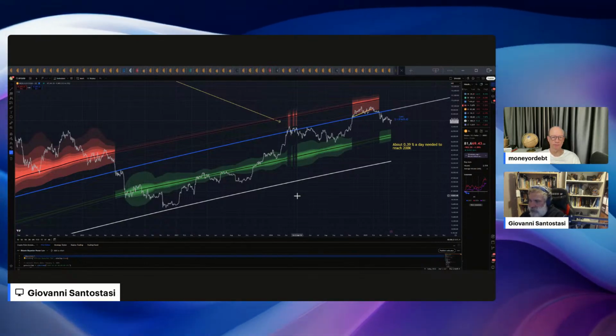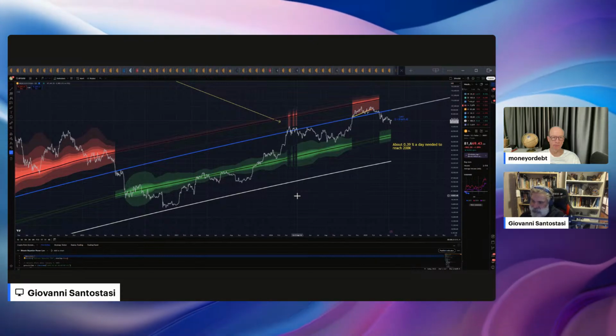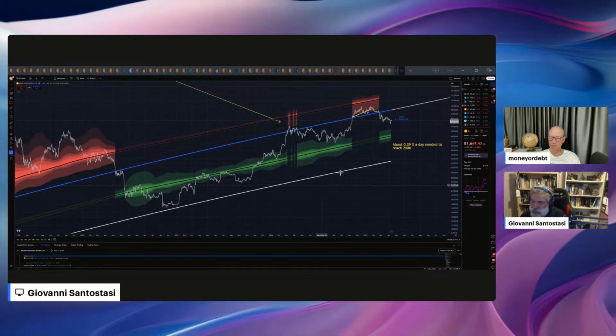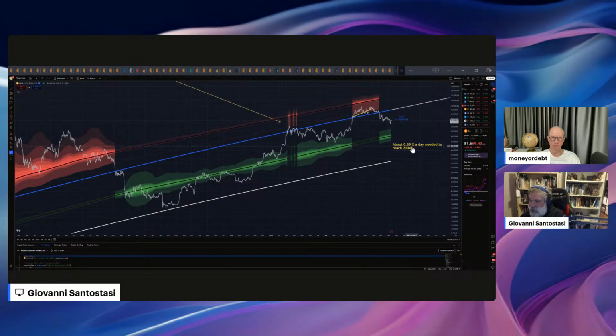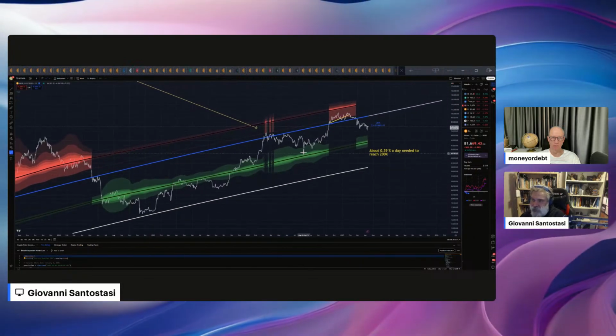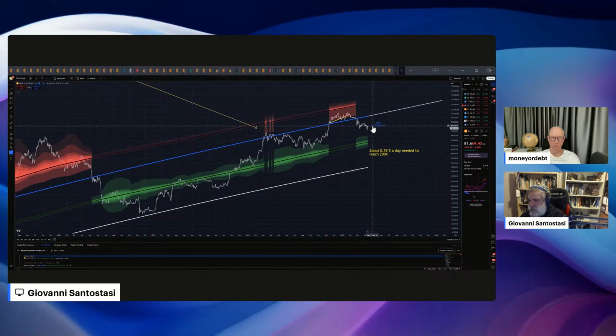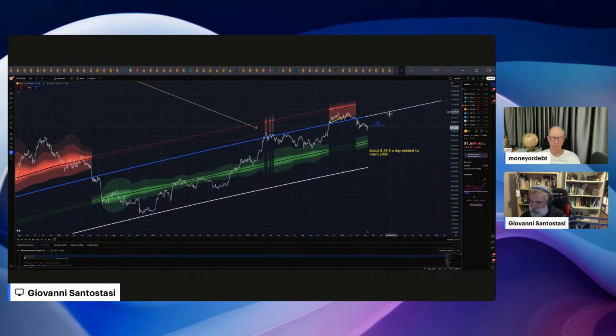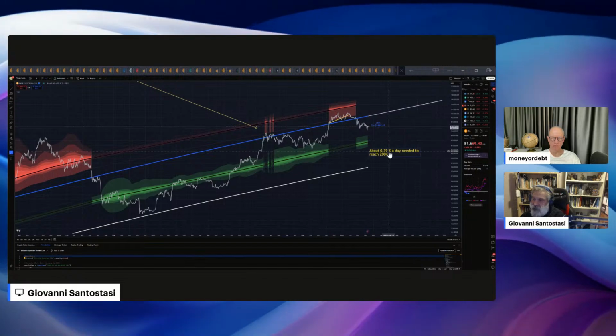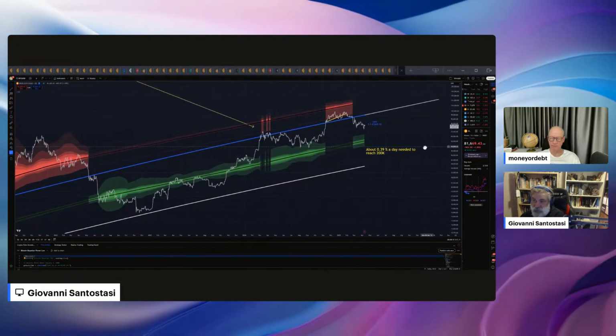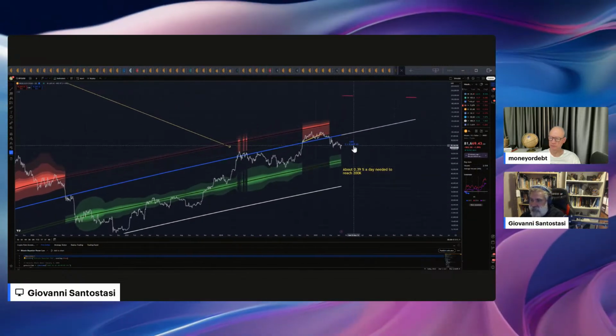So Bitcoin can do it, or it has done it in the past, at least with the last cycle. It's a little bit less than what it did last cycle. So it's still doable. Now, of course, if we spend more and more time moving sideways instead of going up, then this number becomes bigger and bigger, and it becomes less and less likely.